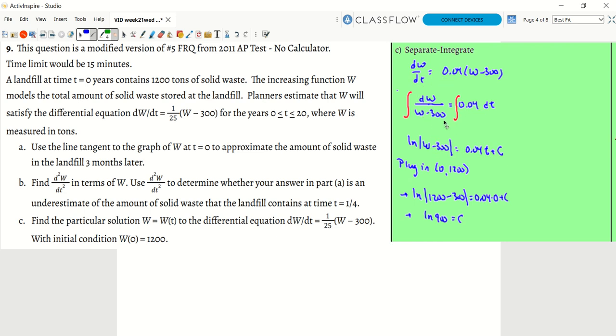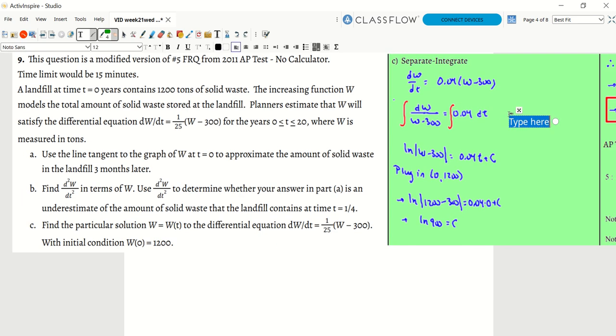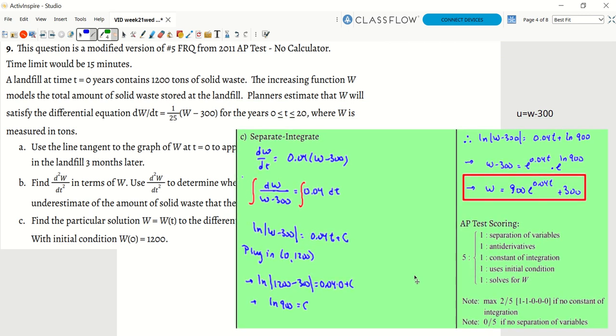You're supposed to do a u substitution of w minus 300, and then take the derivative of both sides, isolate for dw, and then you plug in 0, 1200, solve backwards for c, and you get ln of 900 equals c.